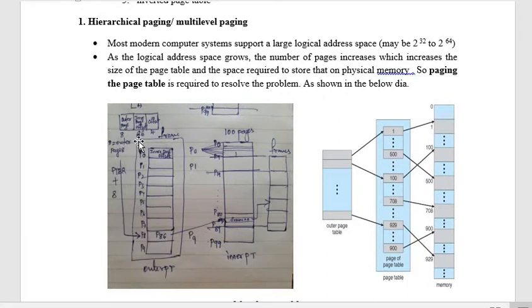Go to that location, get the inner page table index, which is pointing to P86. Move to that location, get the frame number, and add the offset, and you reach that particular location in the frame. This is how the address translation from the outer table to the inner table to that particular location is done. Hope you understood hierarchical paging with the two-level concept.